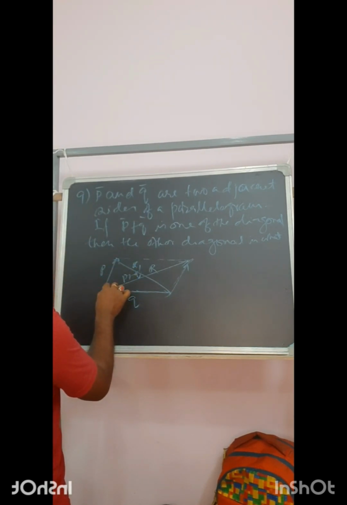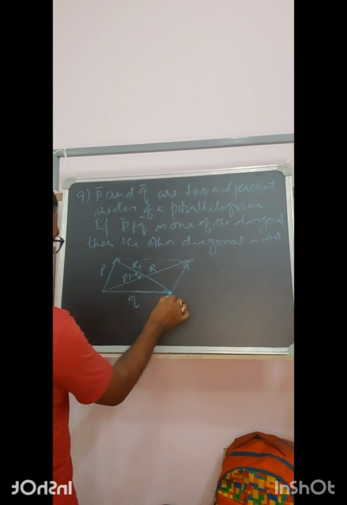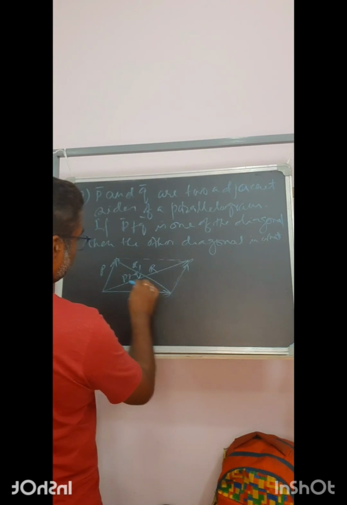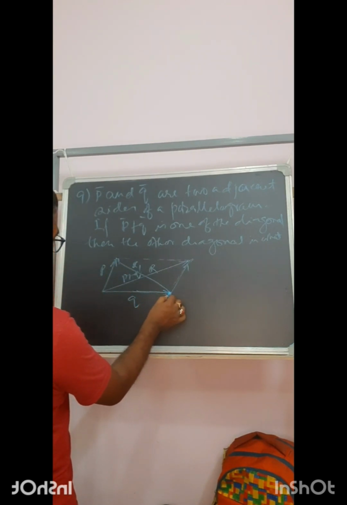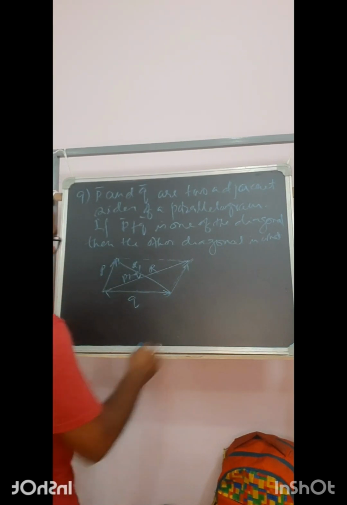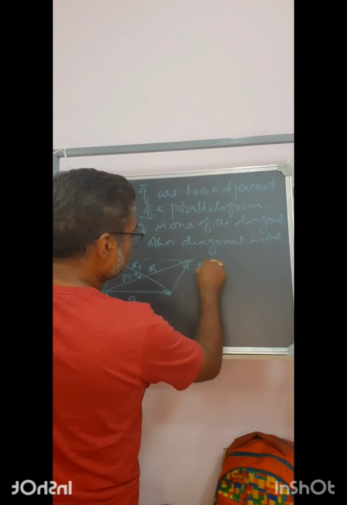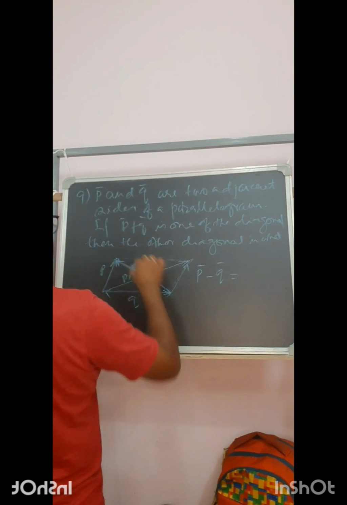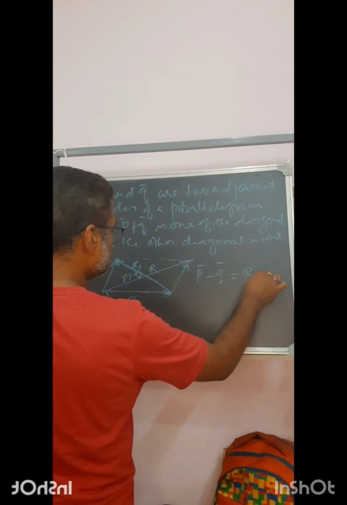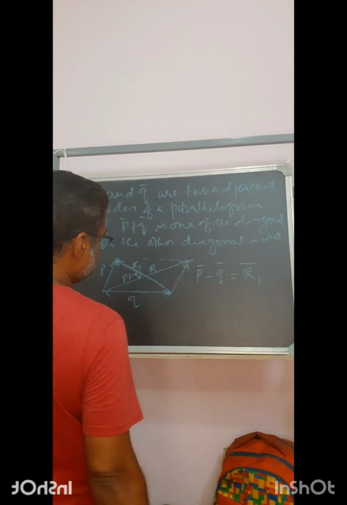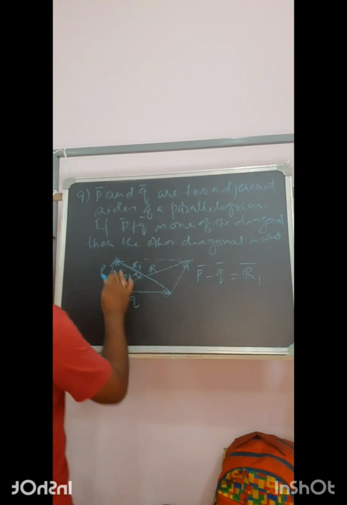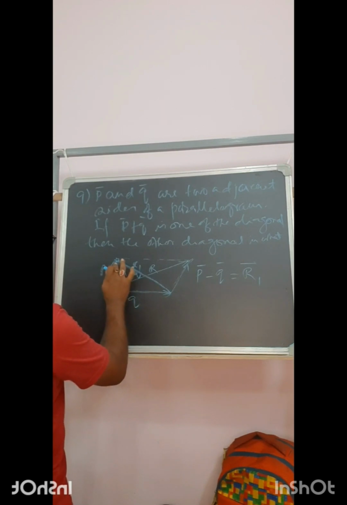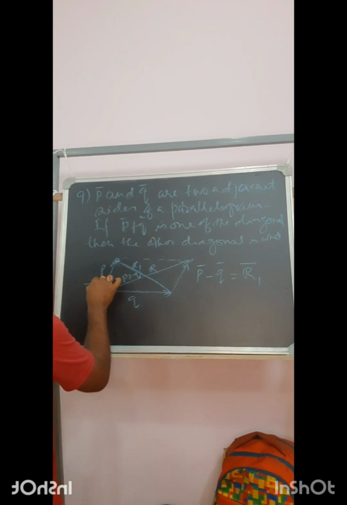If I have to establish the relation, this is in a different direction. Even if I take this triangle and reverse it, P minus Q will denote this diagonal in the reverse direction. Let's say this is R1, I am saying it is positive, or else there could be other possibilities if I change it, meaning minus P.